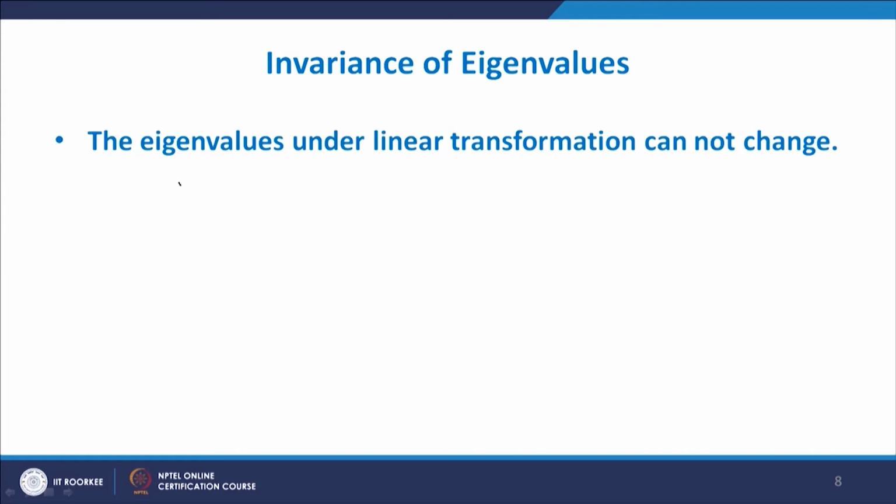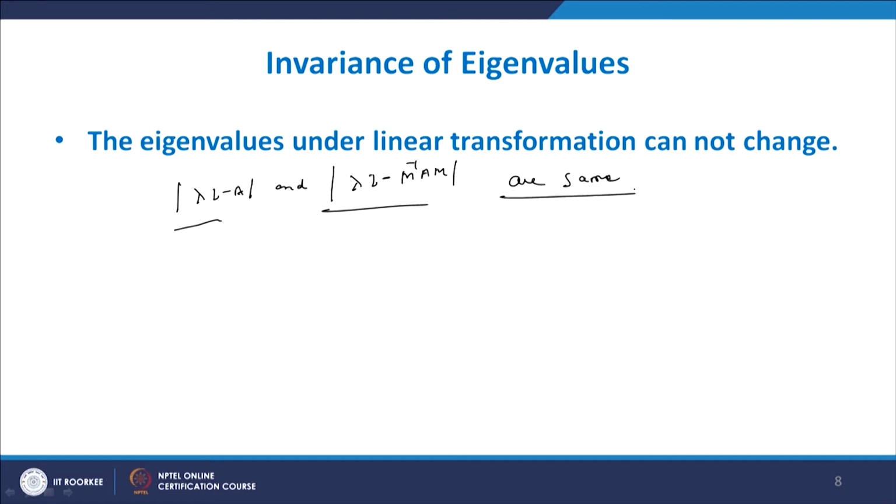Our problem is we have lambda I minus A and lambda I minus M inverse AM, and we have to show that both are the same. How will you prove it?